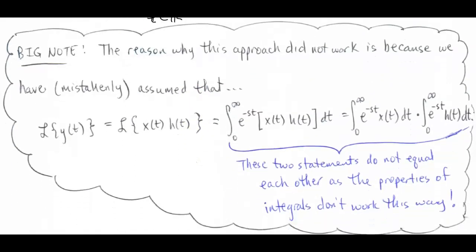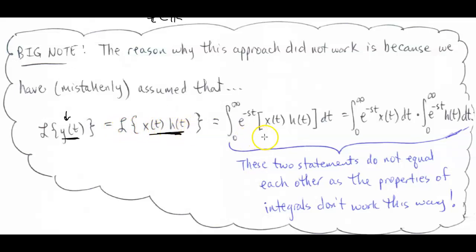Now, the reason why this didn't work is because, remember I said that the Laplace transform is an integral transform. And so what we essentially did is we assumed that the Laplace transform of our solution could be expressed as a Laplace transform of the product of these two functions here.